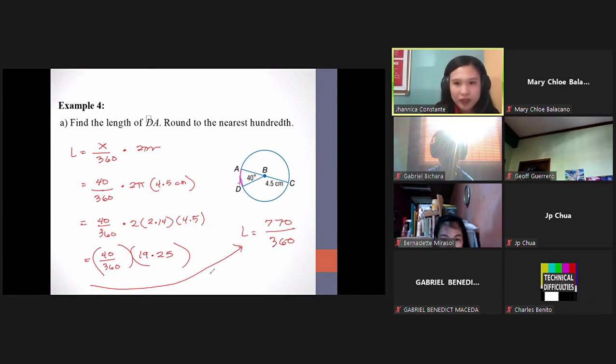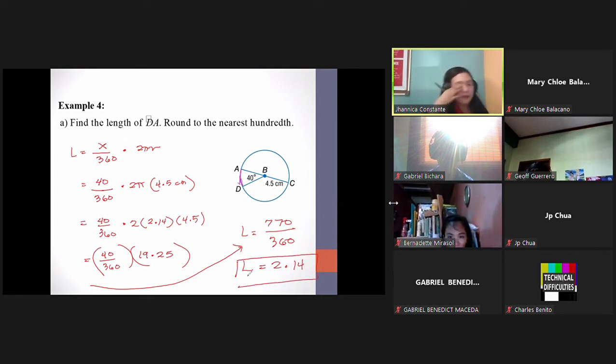So 770 divided by 360 is equal to 2.14. So that is the length of the arc DA or AD.